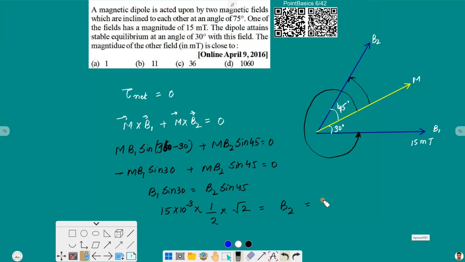So it will be effectively 15 into 10 raised to power minus 3 divided by root 2. And solving this, we will get 10.63 into 10 raised to power minus 3. That will be nearly equal to 11 into 10 raised to power minus 3, or 11 millitesla. That is asked in the question, that in millitesla it is equal to. So option B will be the right answer here.